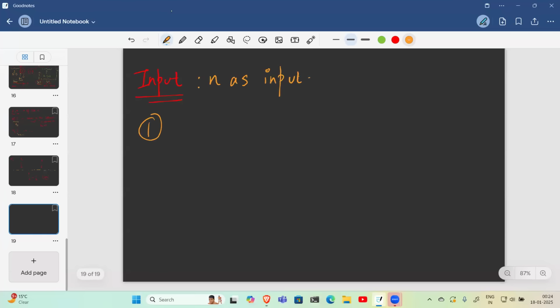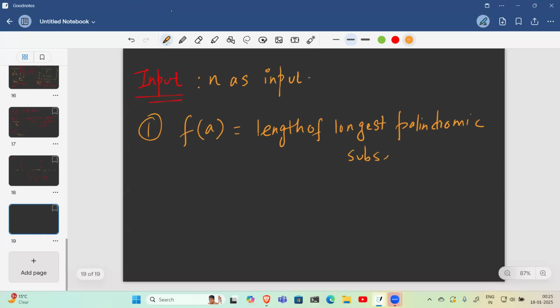The first function they define is f of A, which they say is the length of the longest palindromic subsequence. There are two terms which are important here. One is palindromic and the other is subsequence.